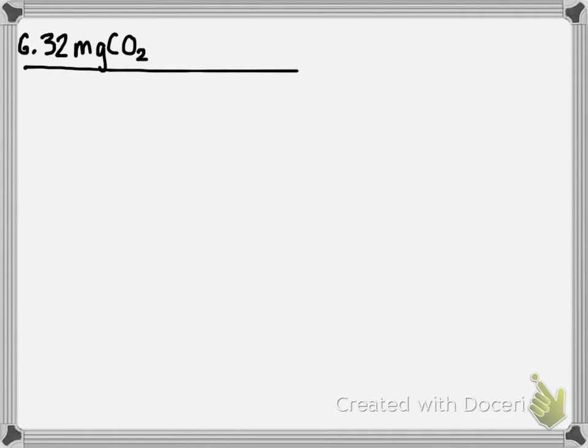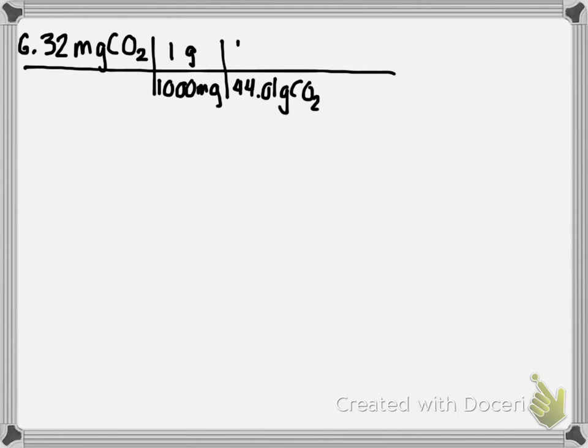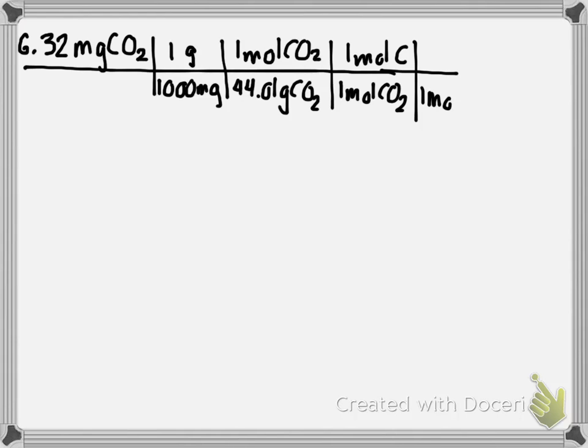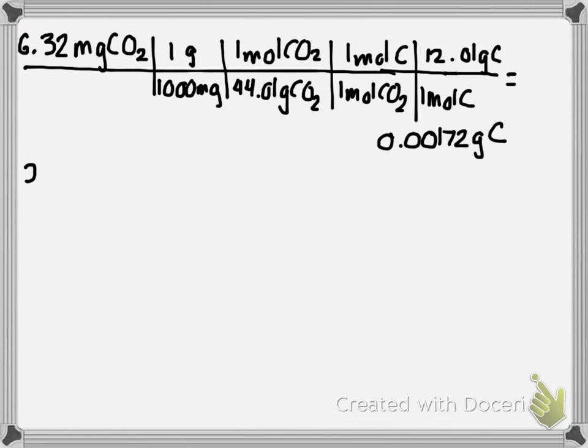So we start with the carbon dioxide amount that we knew, convert to grams, and use the molar mass of carbon dioxide to find moles of carbon dioxide. Then use stoichiometry to know that if I had a mole of carbon dioxide, that would require 1 mole of carbon. The molar mass of carbon gives you the grams of carbon in your original sample.